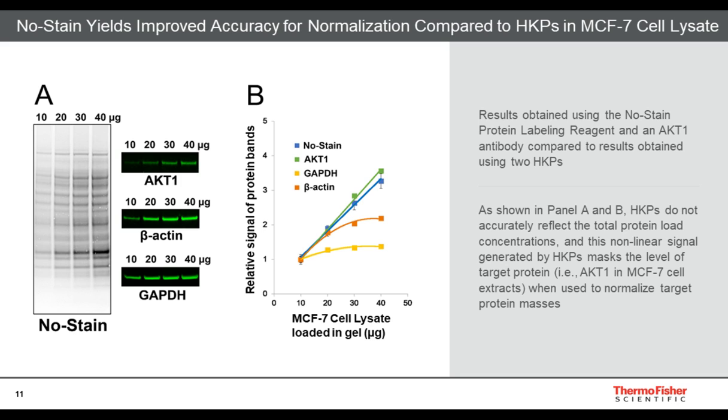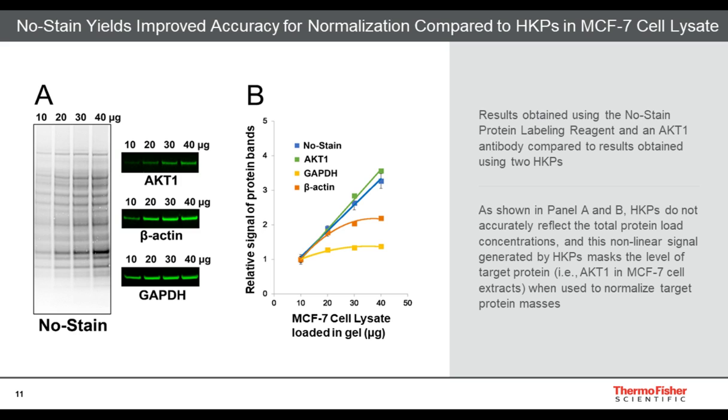Just like in HeLa cells, we loaded increasing concentrations of MCF7 cell lysates on a Bolt gel, from 10 microgram all the way up to 40 microgram. After transferring the protein onto a PVDF membrane, the membrane is labeled with the No-Stain Protein Labeling Reagent.